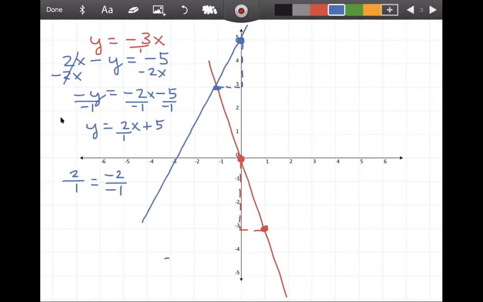All right, so I'm pretty sure that the point of intersection is -1, -3. Now, throughout this chapter, I am going to encourage you to check these solution points by plugging them into both equations.